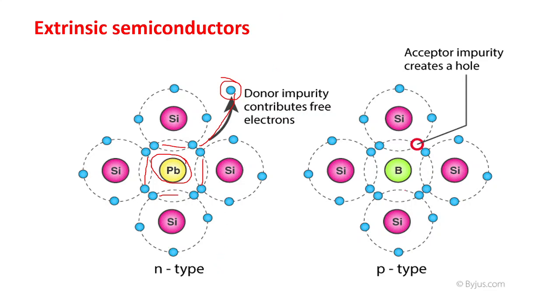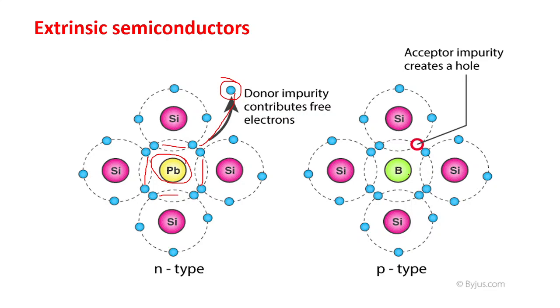And if you want to manufacture a p-type material, what will happen? We will take a group 3 element, like boron. Boron has only 3 electrons freely available on its outermost shell.